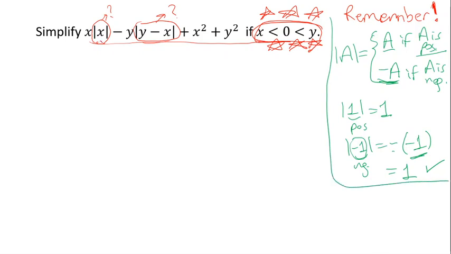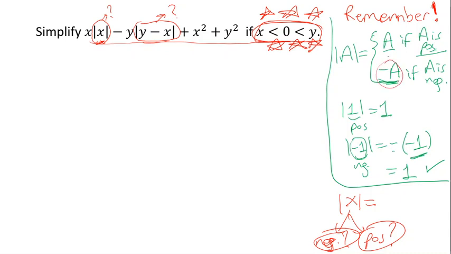What is the absolute value of x? So the question here is: is it negative or positive? We have to answer this question. If we answer this question, we can apply one of the rules here, either this one or this one. Now, here we check this condition. It says x is less than 0, so this means x is negative.